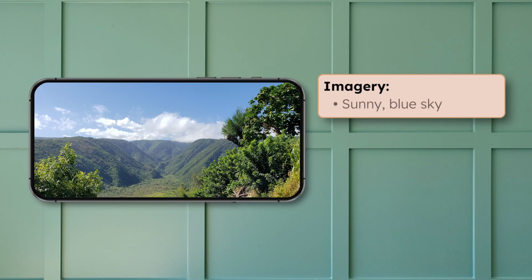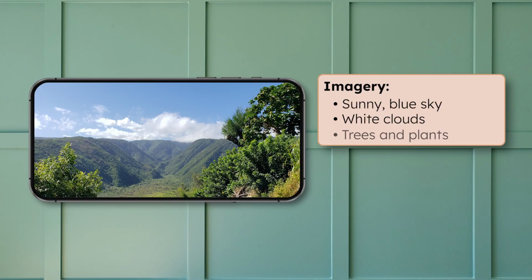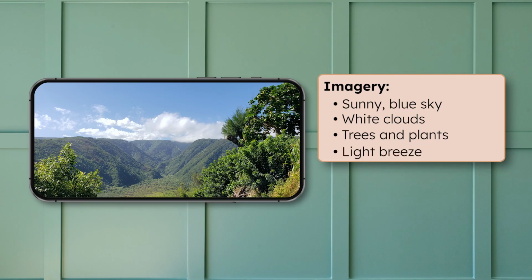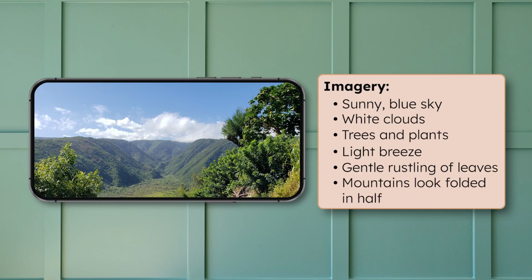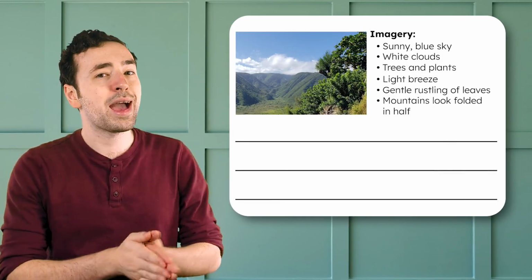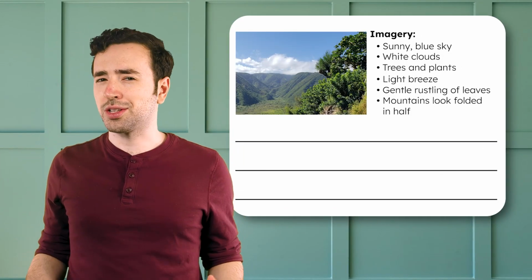Maybe you noticed the sunny blue sky, the white clouds, or the different types of trees and plants all around. If you were there, you might feel a light breeze or hear the gentle rustling of leaves. I also think it's really cool how the mountains look like they're being folded in half. They're like taco mountains.